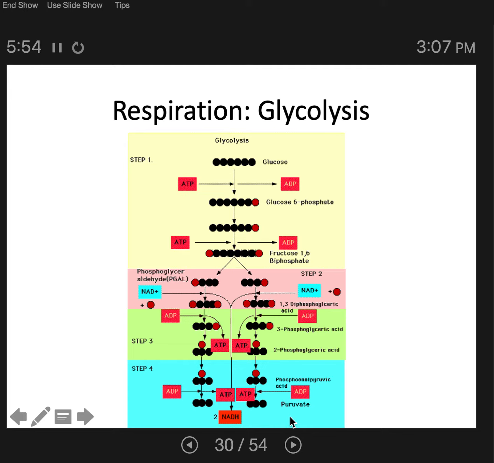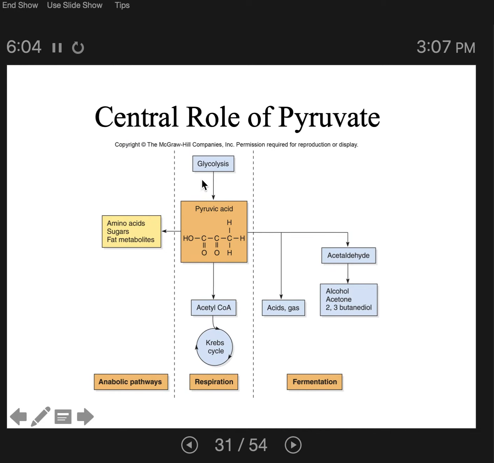And these 2 different 3-carbon molecules called pyruvate are going to be what goes through the citric acid cycle or the Krebs cycle, whichever your current textbook is calling it. So pyruvate can continue through the Krebs cycle and the electron transport chain, or it can be taken out and used to synthesize molecules that the cell needs to function and build cell parts, like lipids for the plasma membrane, or amino acids for enzymes and other proteins, or sugars to build carbohydrate structures, like for the cell wall, peptidoglycan, or the extracellular matrix.